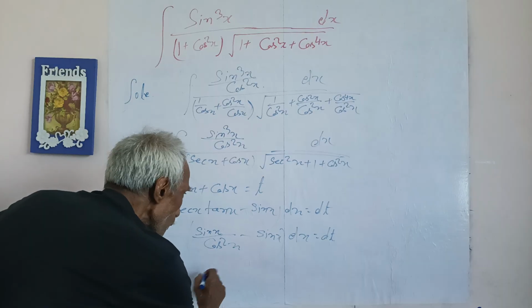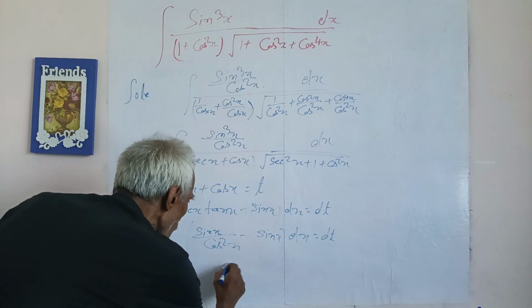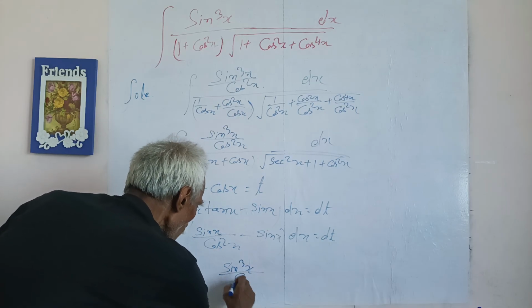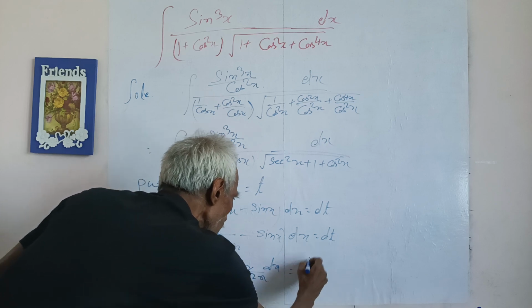Now here will be sin cube x by cos square x dx is equal to dt.